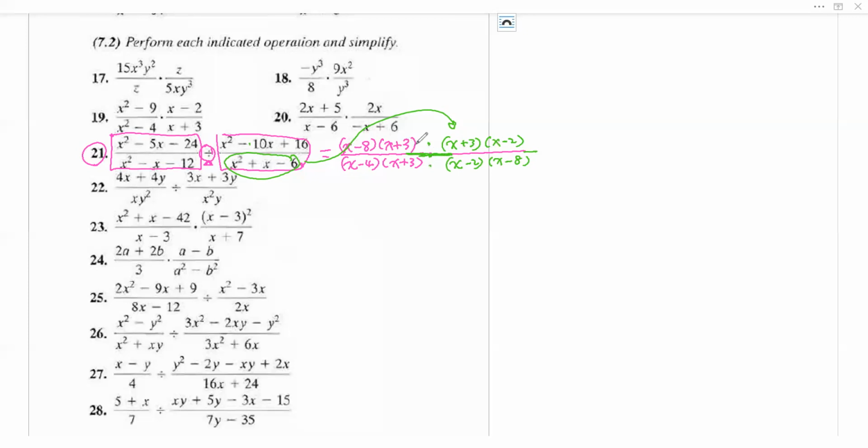It's multiplied together, so we try to find their common factors. x plus 3, x plus 3, x minus 2, x minus 2, x minus 8, x minus 8. See, most of them are gone, right? Cancel the common factors. So what's left finally is x plus 3, x minus 4.